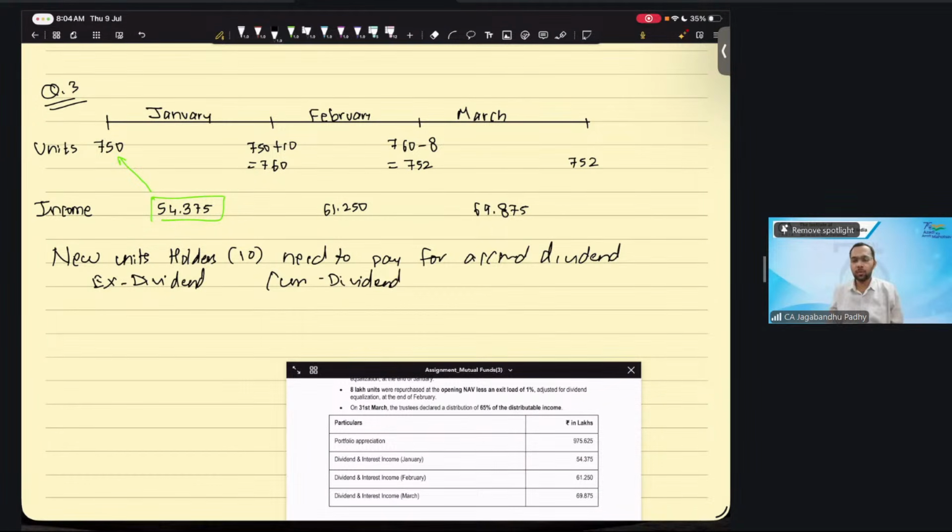Okay, do you know what is ex dividend, cum dividend, everyone? You're aware of what is ex dividend, cum dividend? I think you might have learned about this in investment accounting. So ex dividend, cum dividend. I hope you are aware of it.